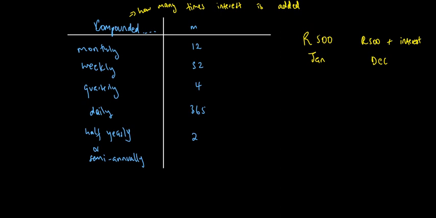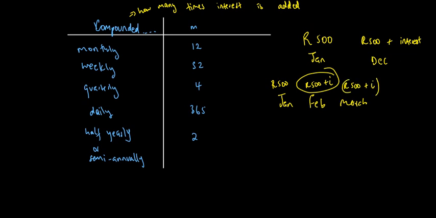But if it happens that in January you put your money in there, in February your money has already earned interest. I'm just going to put I for interest. In March, the money that you had here, which is 500 plus the I, actually earns interest again.